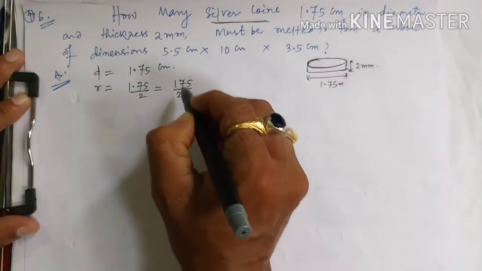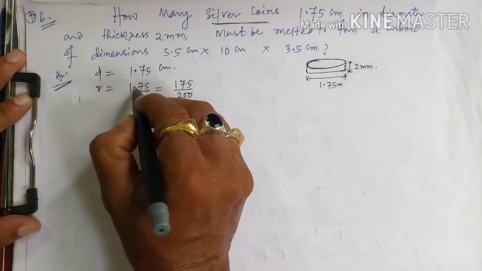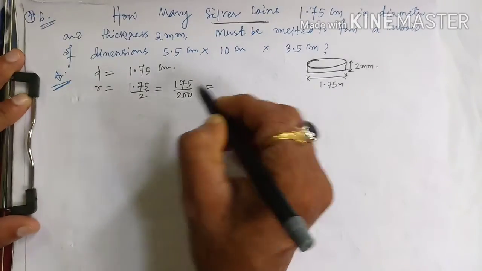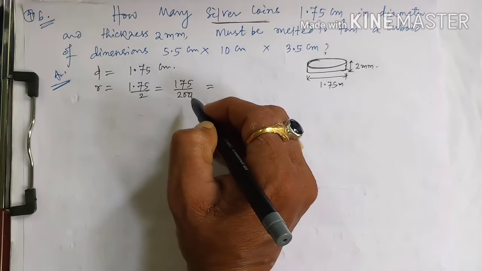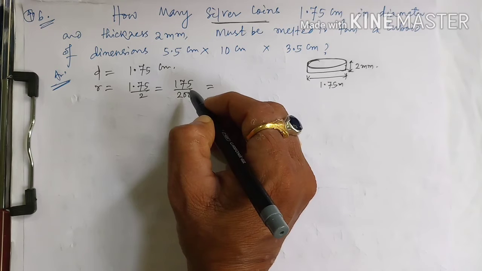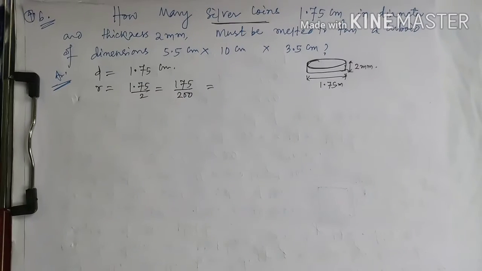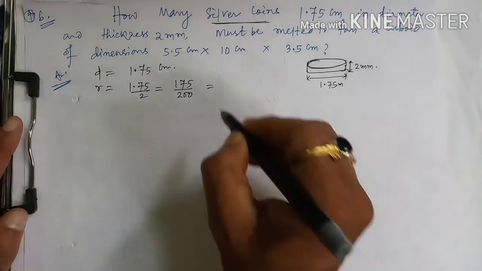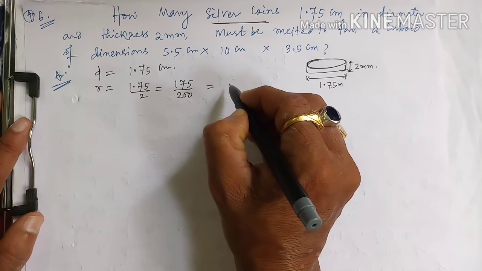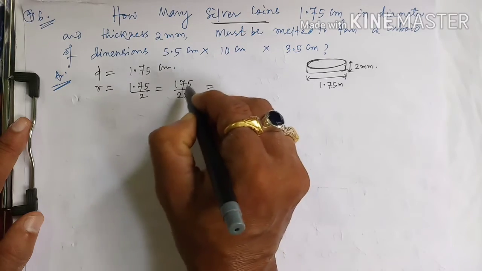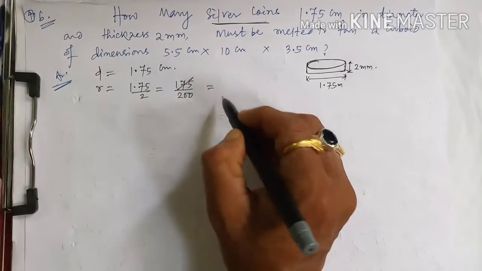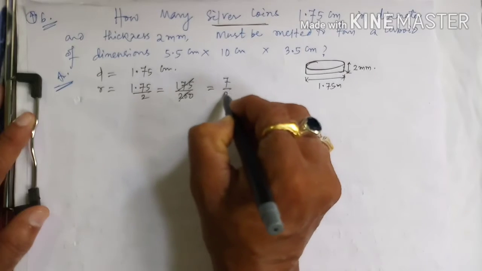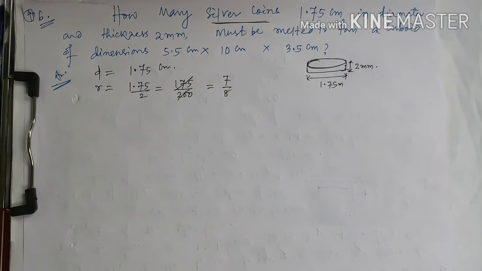So the radius is 0.88, otherwise you can write it in fractional form, 7 by 8.